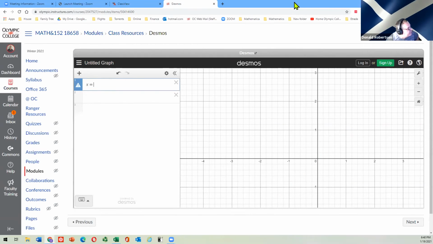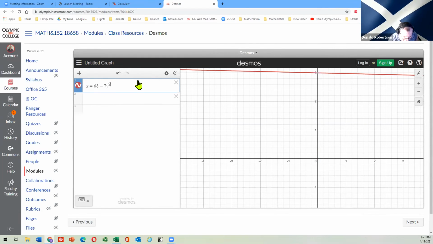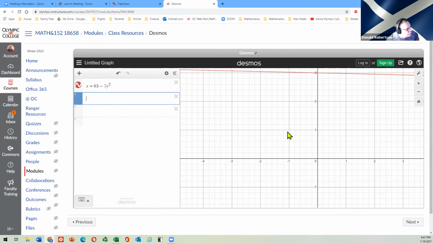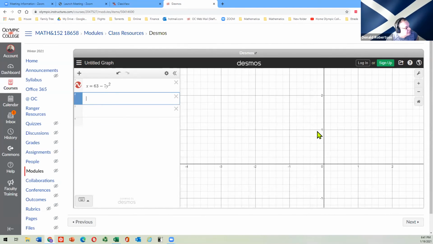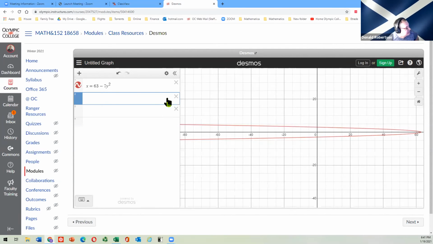Clear this guy almost out. 63 take away, I think it was 7 y squared. And that's the first one. Ooh, well. Eek, that's not very pretty. And then the other one is going to be 7y squared minus 63.